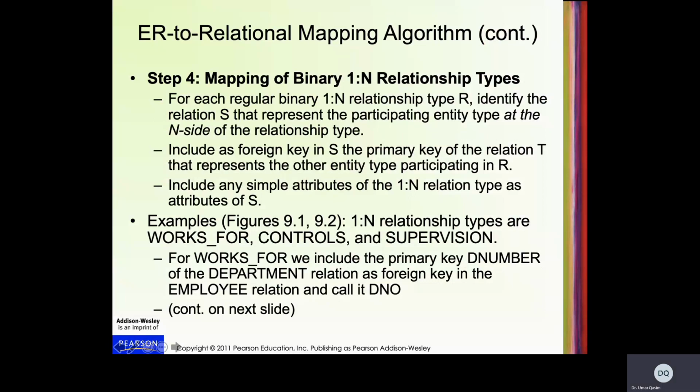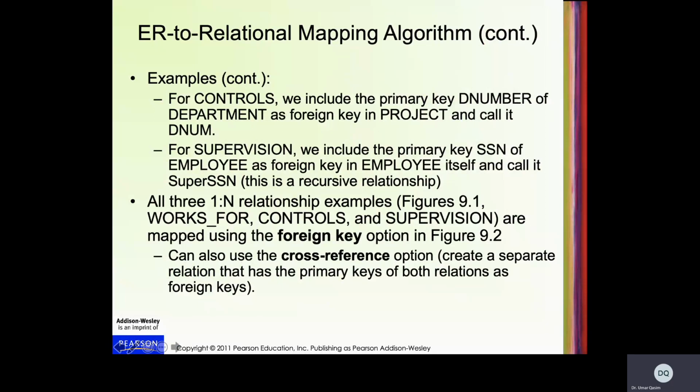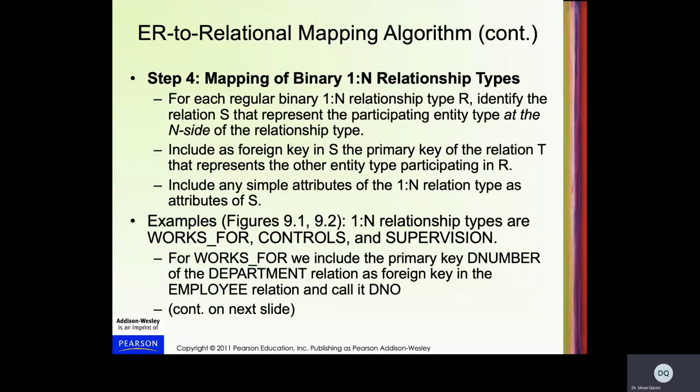So this is the case in one-to-many relationships. We can also use cross-reference in this option, where we create a middle table and then put the primary keys of both relations as foreign keys in this cross-reference table.